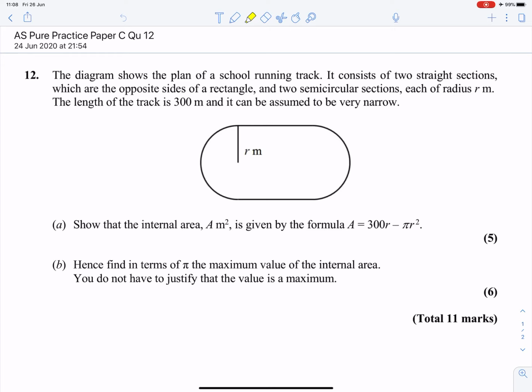The length of the track is 300 meters, and it can be assumed to be very narrow. Show that the internal area is given by the formula.